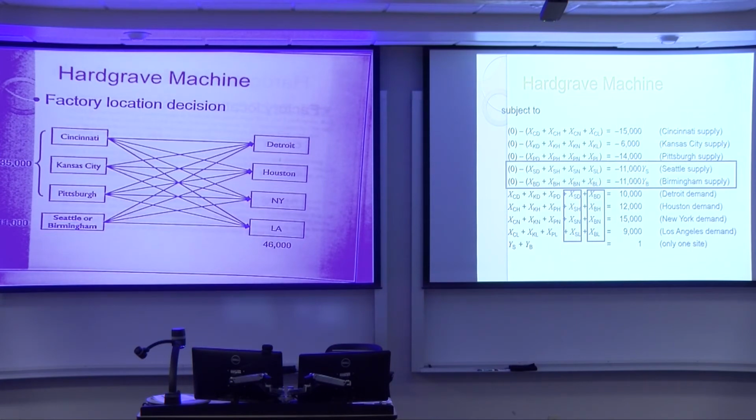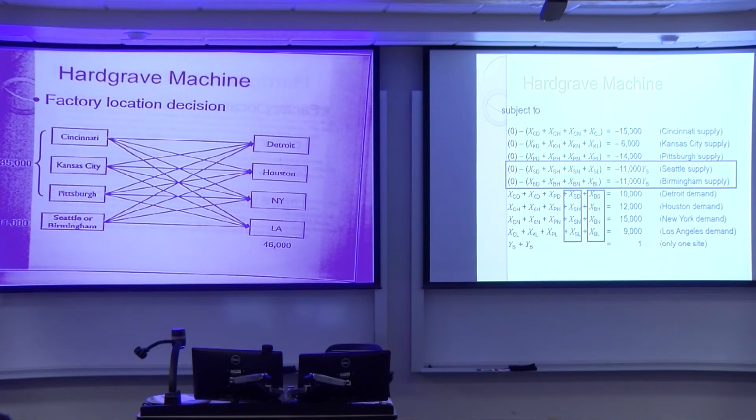Therefore, the outflow should be equal to 0. However, if YB equals 1, this Birmingham facility has to supply 11,000 units. So you add up the total outflow, and it should be equal to 11,000. Makes sense, right?